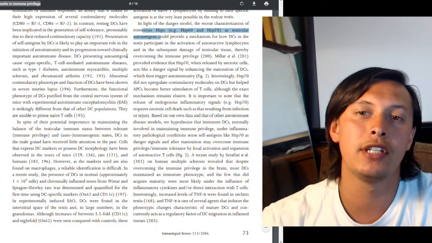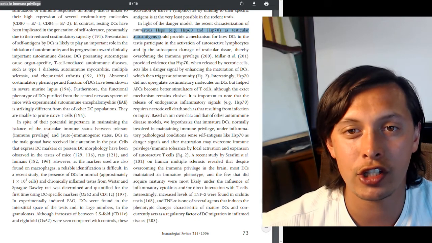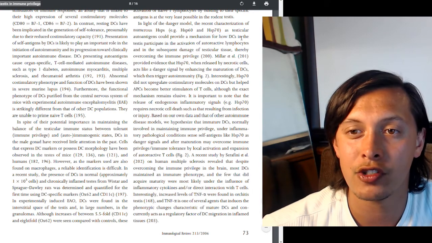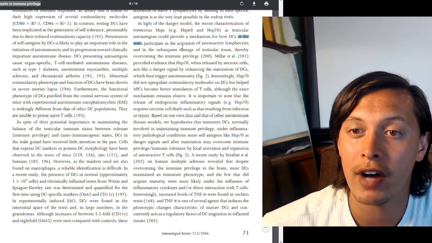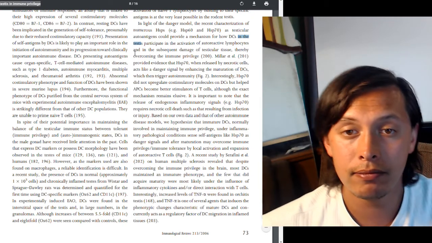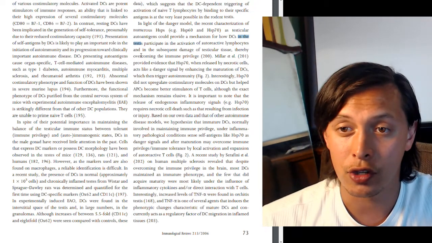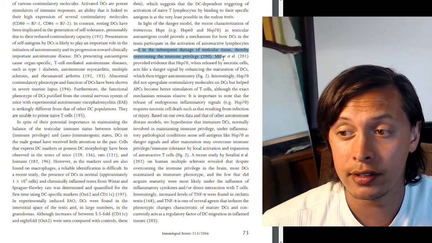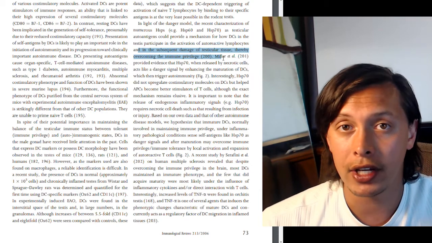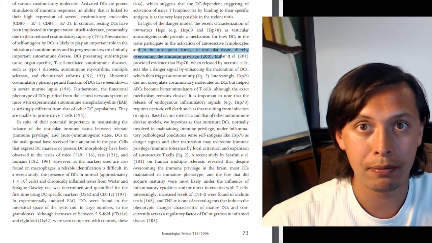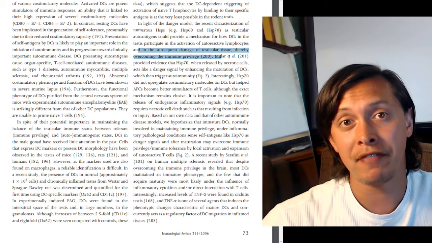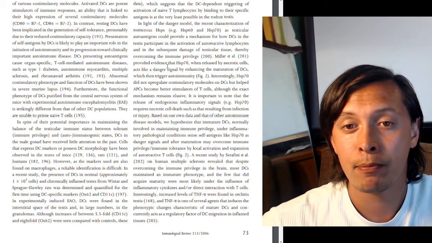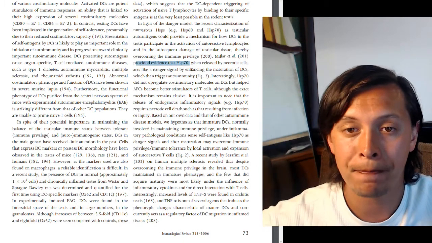Interesting. Okay. In light of the danger model, the recent characterization of numerous heat shock proteins as testicular autoantigens could provide the mechanism for how dendritic cells in the testes participate in the activation of autoreactive lymphocytes and in the subsequent damage of testicular tissue, thereby overcoming the immune privilege. So dendritic cells could be implicated in the ability for your immune system to override the immune privilege, which could manifest itself in certain diseases or certain symptomology, pathology.